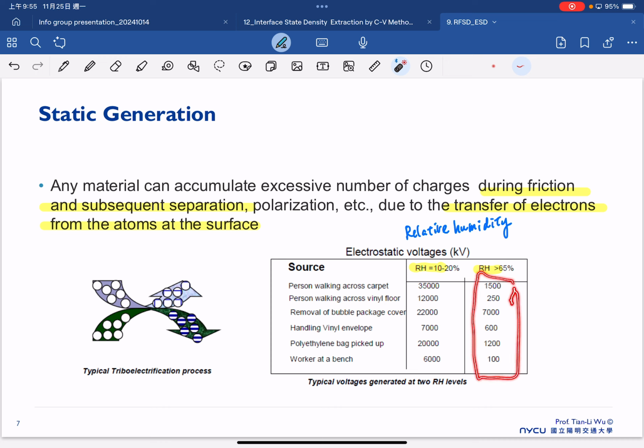But if you are in a relatively dry environment, then the voltage is highly increased. So that's why you will feel this discharge in a very dry region, especially in wintertime.